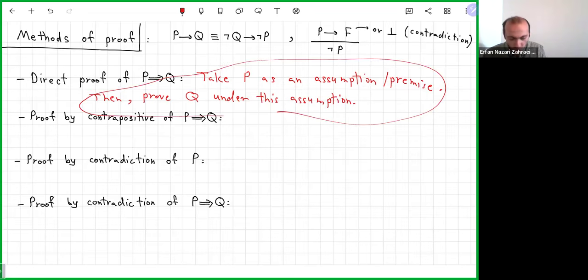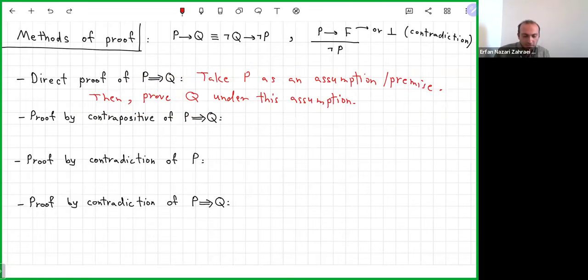This process in total is the proof of P implies Q. That's a direct proof. If you want to prove the same statement, P implies Q, but using the contrapositive, what was the contrapositive? The contrapositive of an implication was this. And I knew that P implies Q is logically equivalent to this. So instead of proving this, I can prove this.